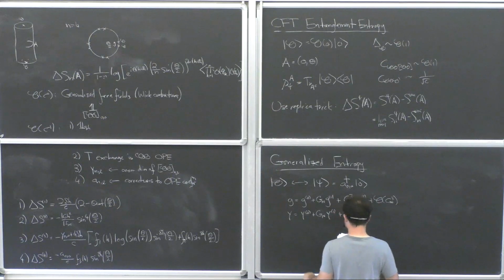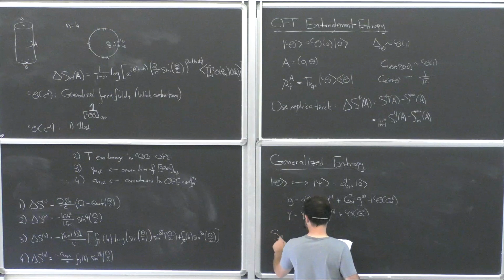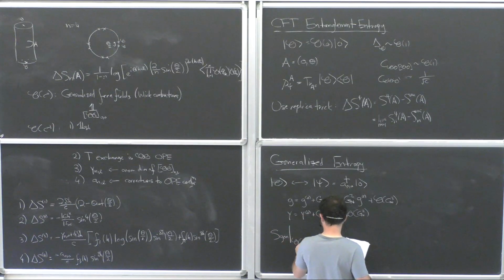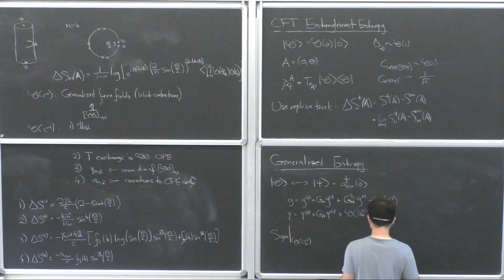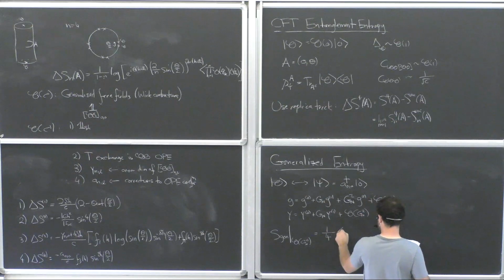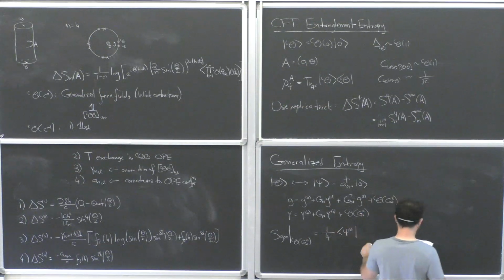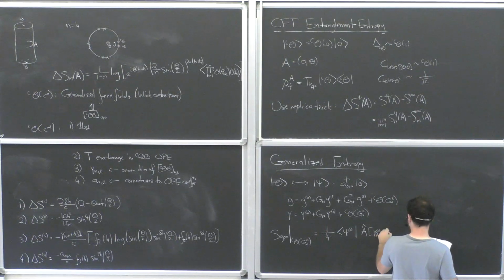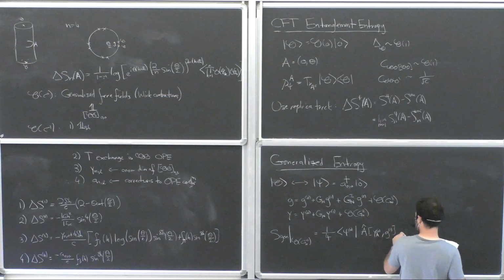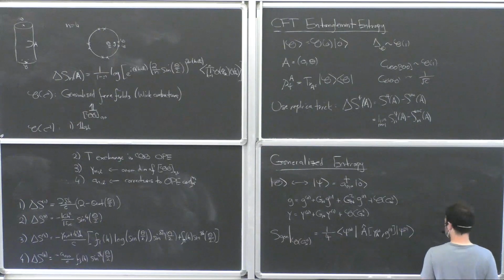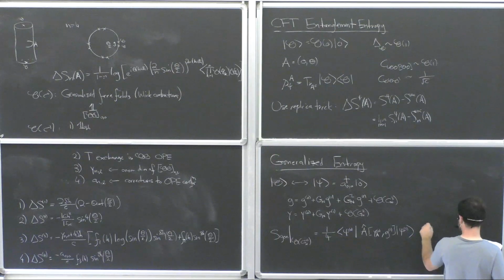So we want to compute the generalized entropy. So at order G Newton to the 0, you just have the expectation value of the area operator and the bulk entanglement entropy.